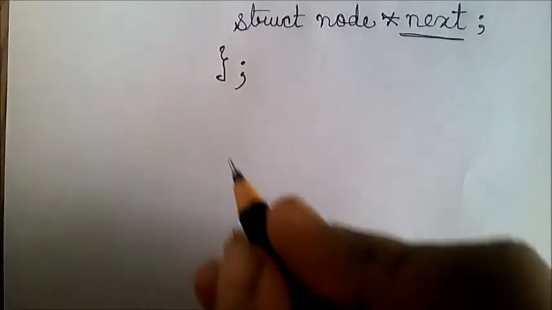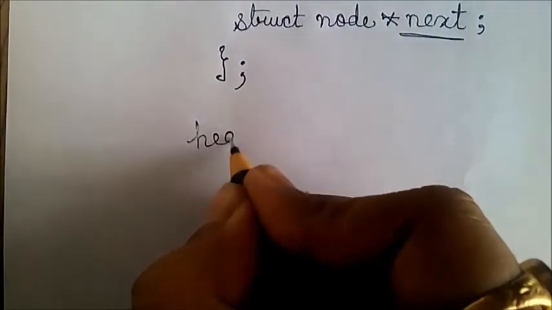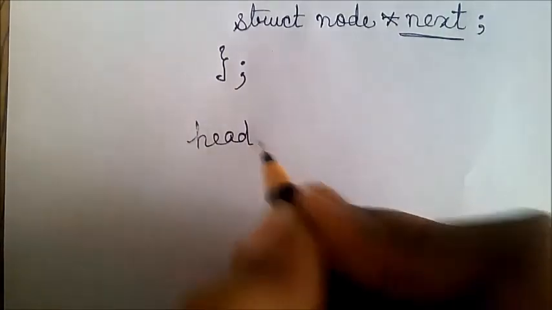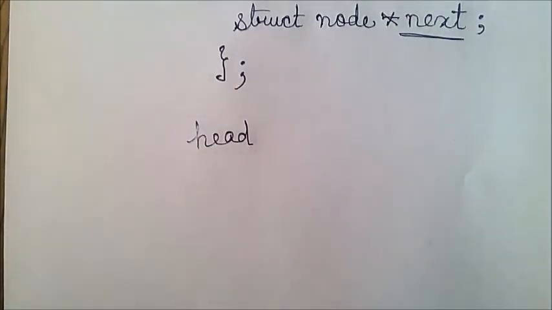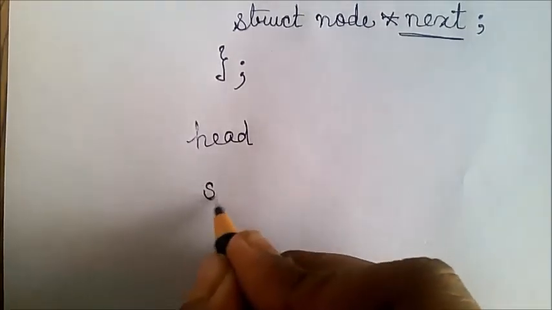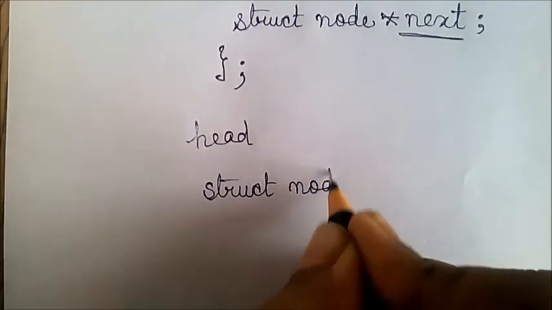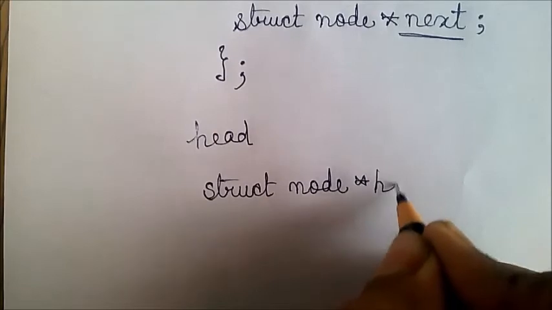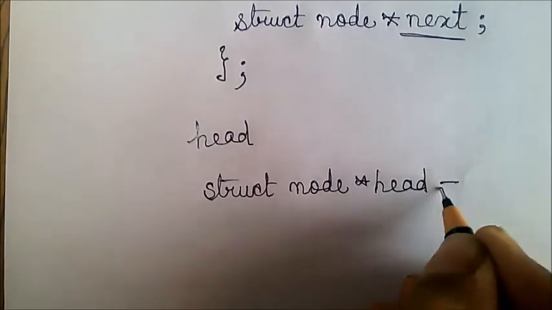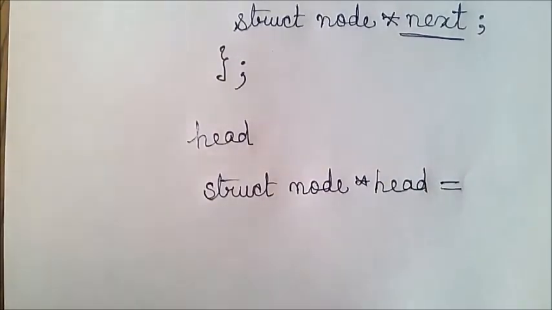Apart from this, we are going to need a head part. Since it is also a pointer, its data type should be of struct node type. So we can write struct node star head is equal to, now let's see here, since there is no node in the linked list, the head should point to null.